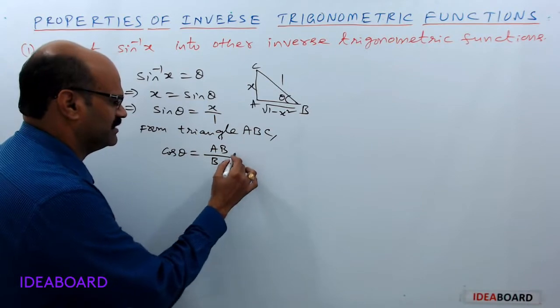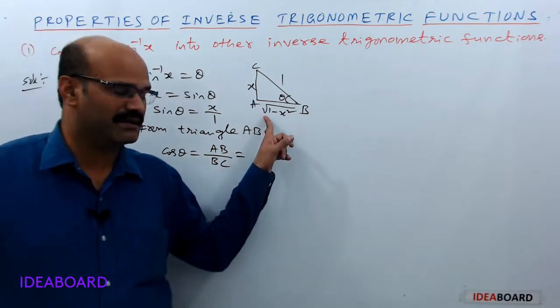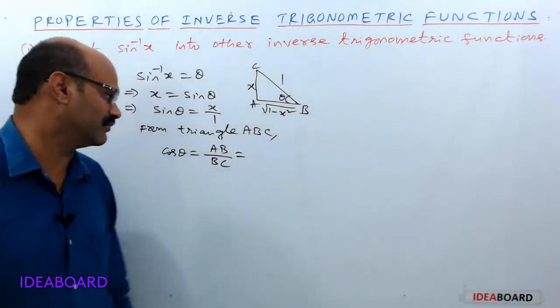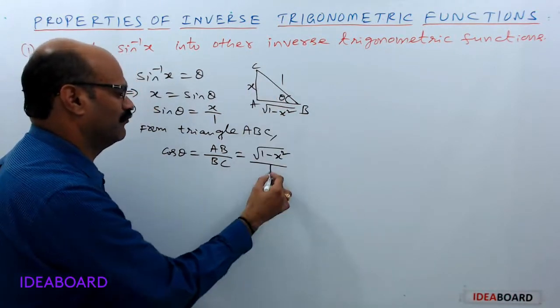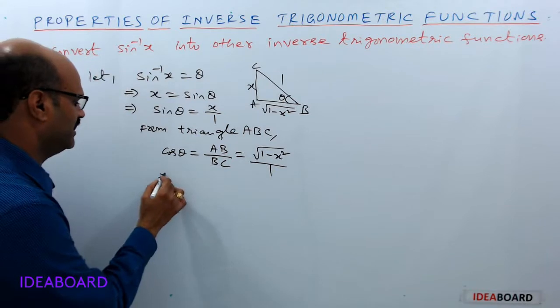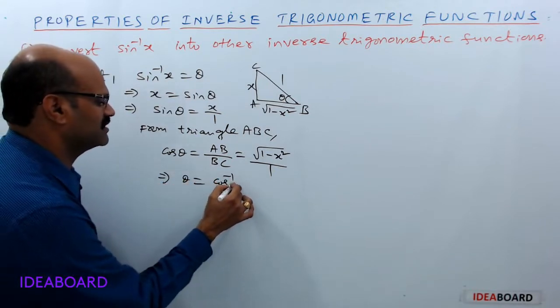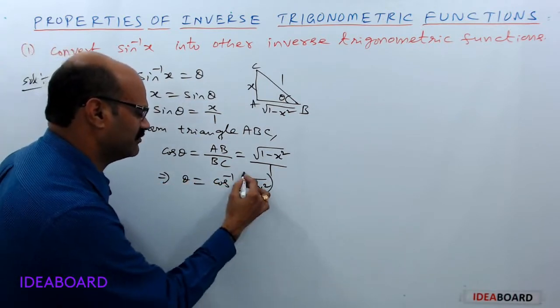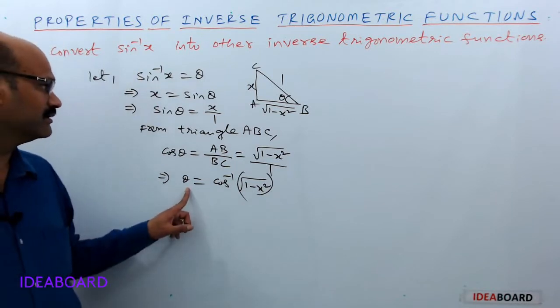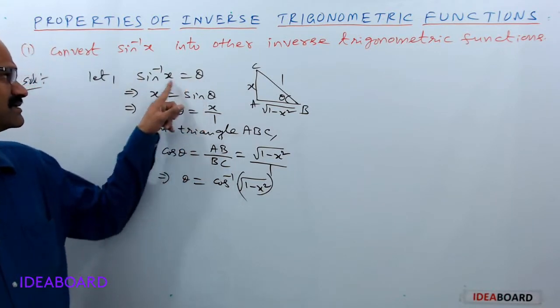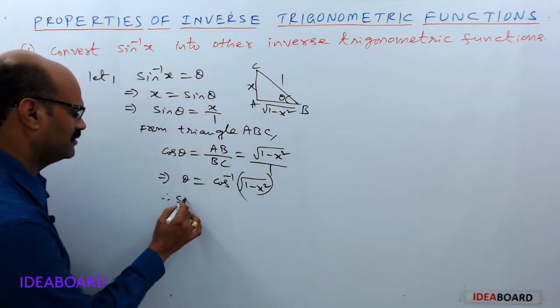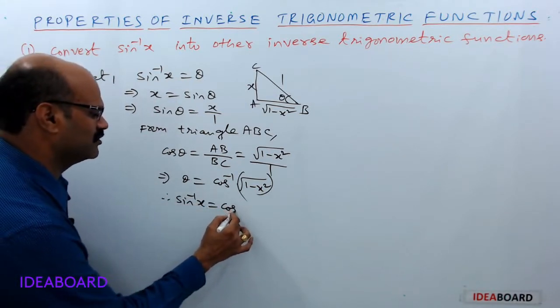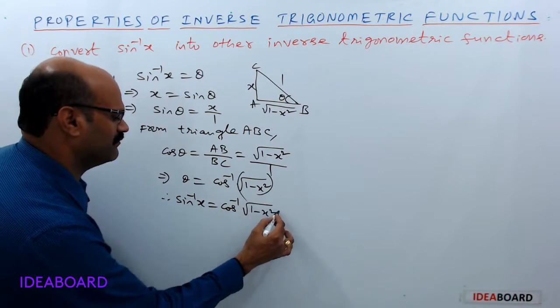Here AB equal to root of 1 minus x square by 1. So theta equal to cos inverse of square root of 1 minus x square. But here theta equal to sin inverse x. Therefore sin inverse of x equal to cos inverse of square root of 1 minus x square.